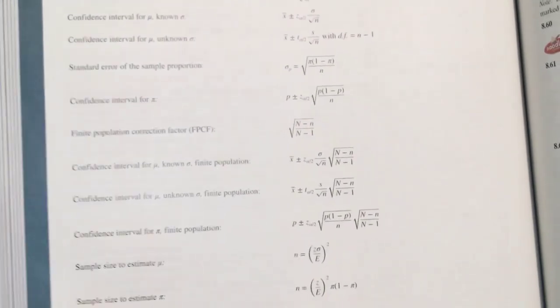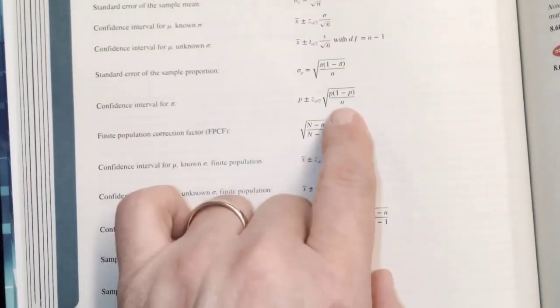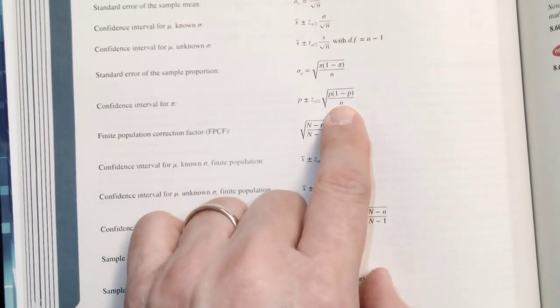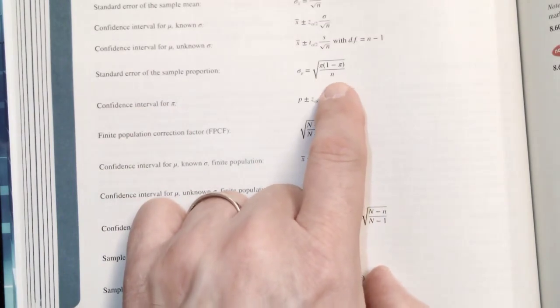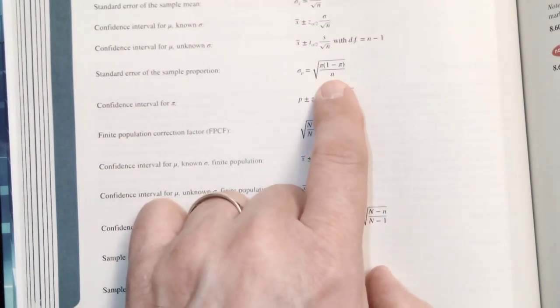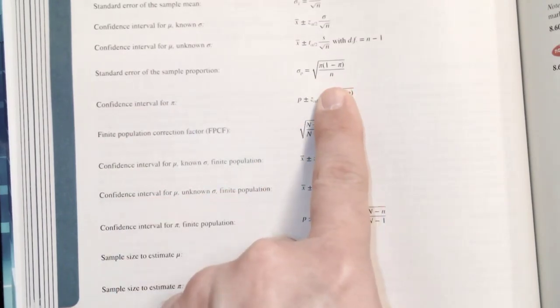Here are the formulas at the end of chapter 8. And there's my confidence interval for a proportion. The standard error. Aha. Proportion times 1 minus proportion over n, all under a square root. I'm going to use this formula.